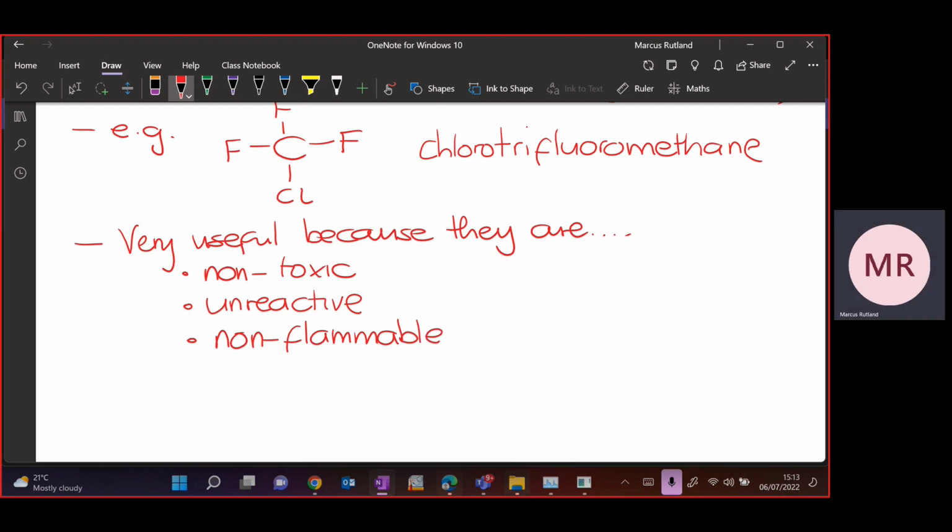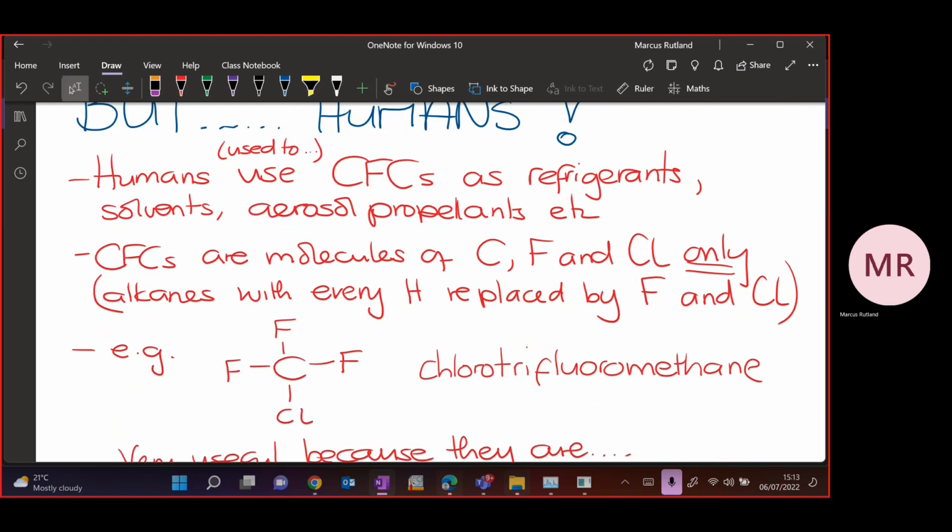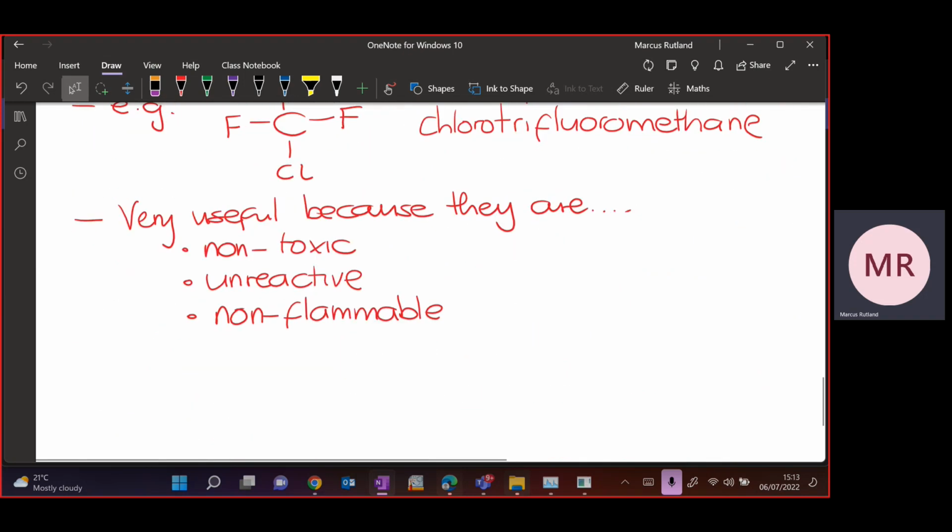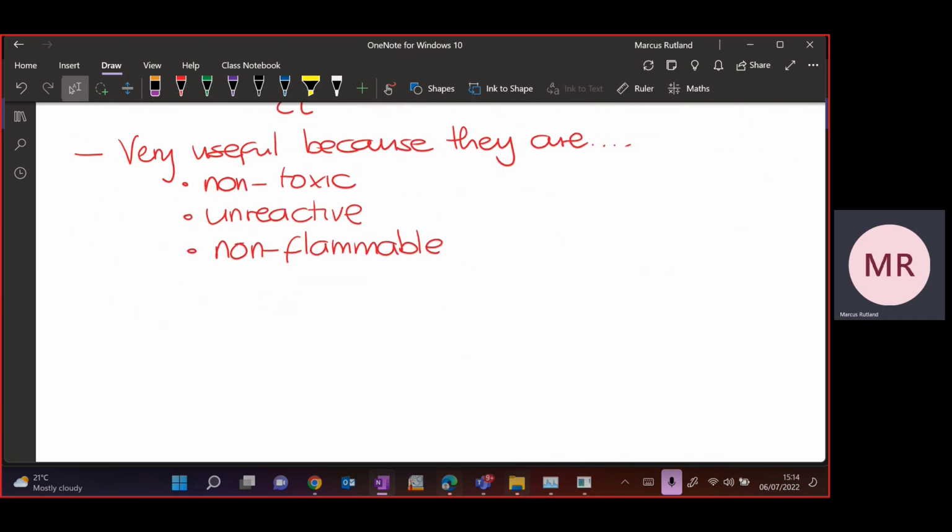So great for things like those uses, aerosol propellants, solvents, etc. Think about your aerosol at home. You're spraying on your deodorant. Ideally, the gas that's pushing out the active ingredient shouldn't be toxic, so when you inhale it, you get ill. That's not good. It should be unreactive, so it's not attacking your skin or anything, and also non-flammable, so it can't accidentally explode in a fireball. They were great for that reason.